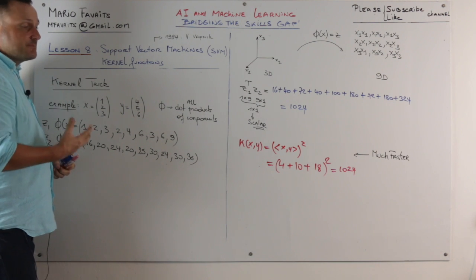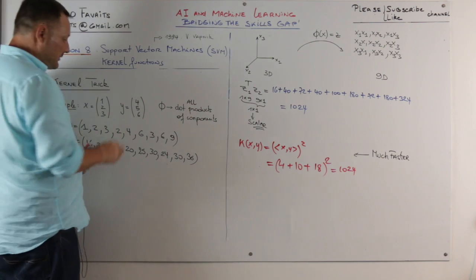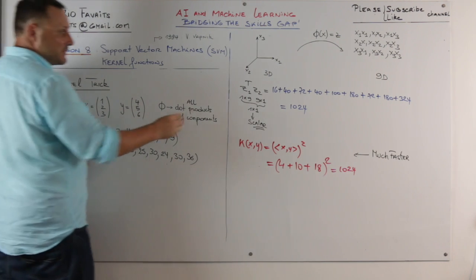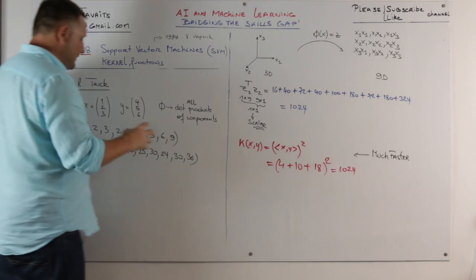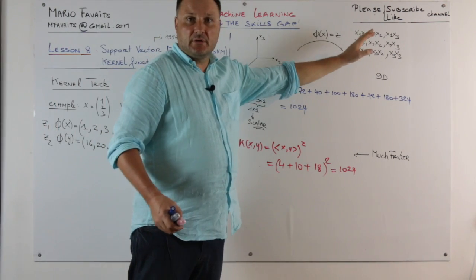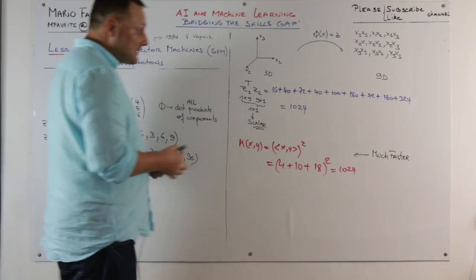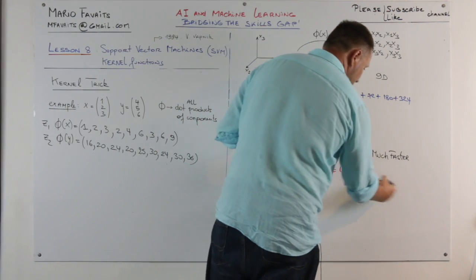That is basically what a kernel function is. It allows you to work with your base vectors in your original space and do calculations that would actually need to happen in the high dimensional space. This is crazy.